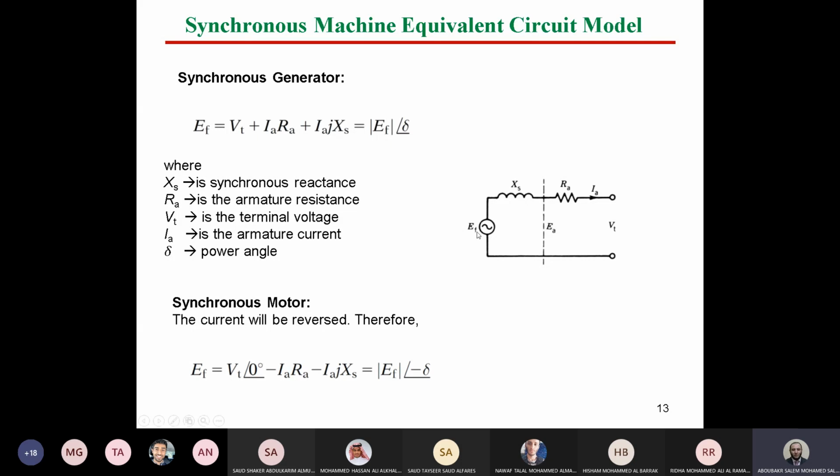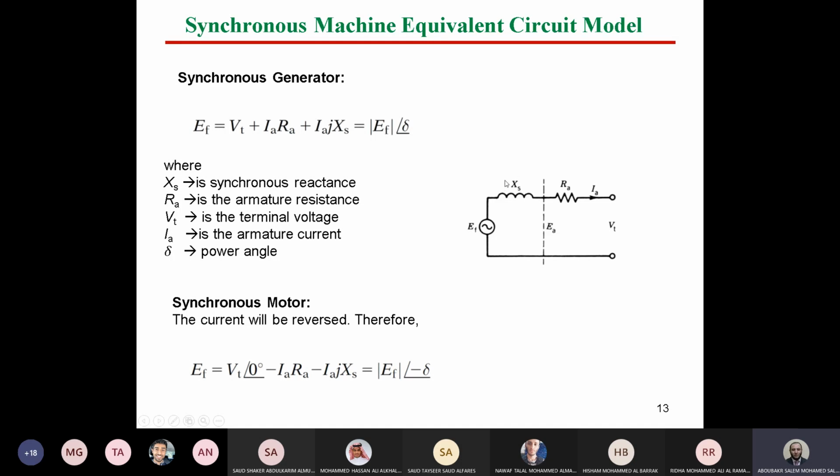So we don't need to add the field winding in our circuit, just the excitation effect, which is the exciting or generated voltage, EF, and then we have XS and RA. RA represents the armature winding resistance, and XS represents the synchronous reactance.